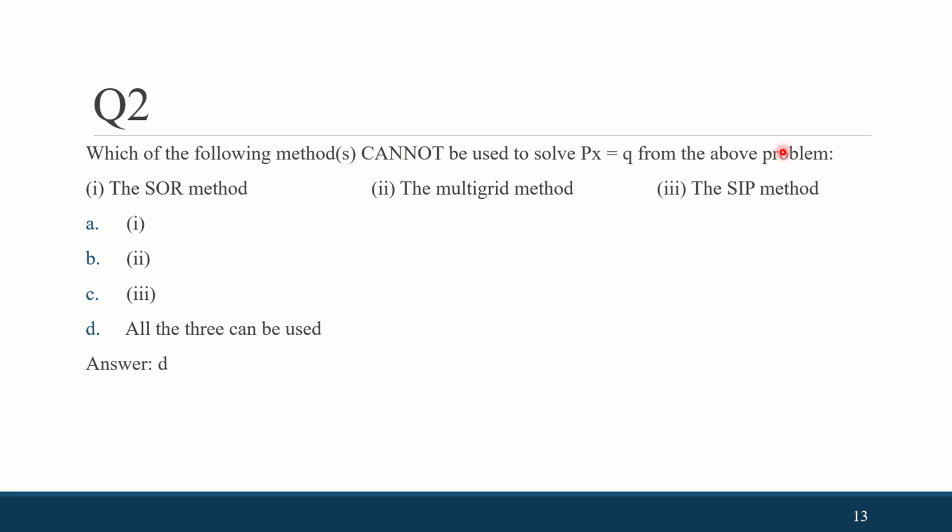The first one is SOR method, that is successive over relaxation method, and multigrid method, and SIP method, that is Stone's incomplete LU decomposition method. So basically we can use all these methods to solve the above given problem in the form of Px equals Q.